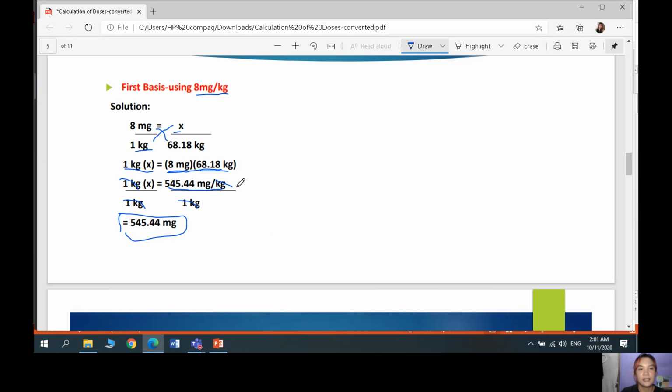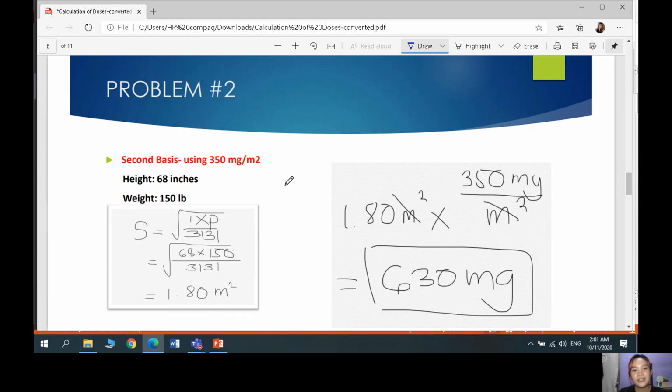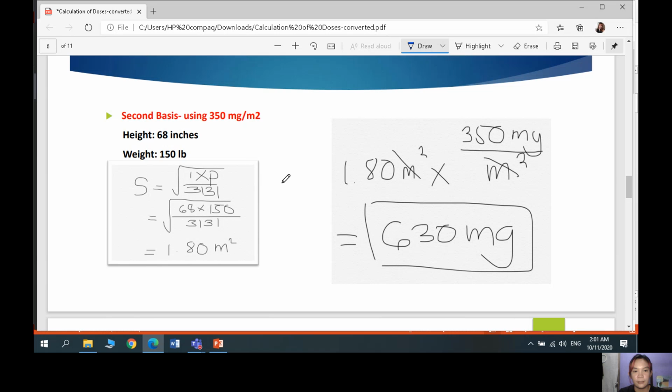So the answer in the first basis is 545.44 mg.